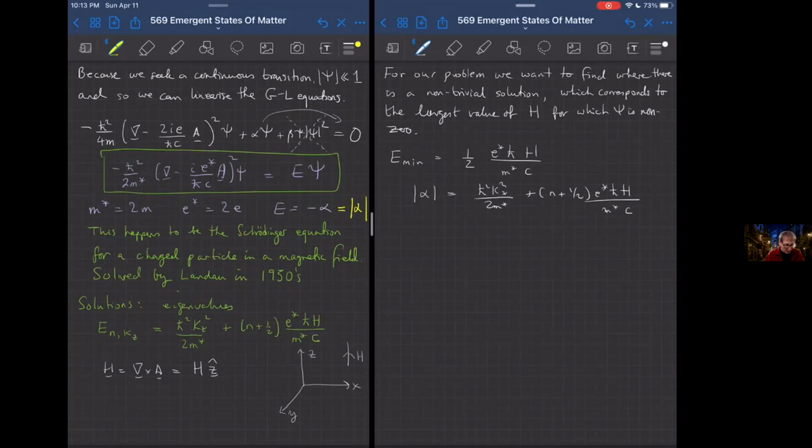Okay, so what is the largest value of h for which this occurs? So imagine now that we've set alpha. We want to find what is the largest value of h.